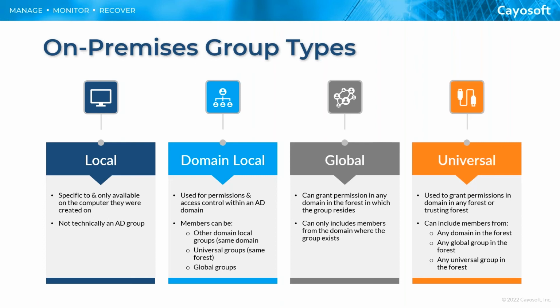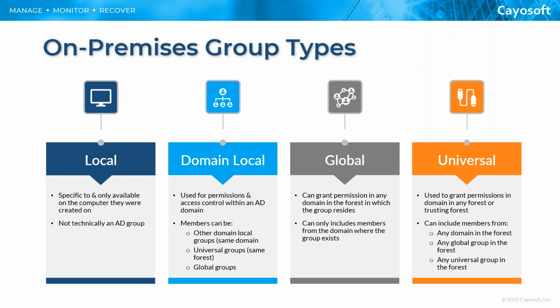So the first type of Active Directory group that's used on premises is a domain local group. This is used for permission and access control within an Active Directory domain. Let's say you've got a single domain environment. You can create a domain local group, and that group can be used to control access to resources within that domain. So what types of members can this domain local group accommodate?